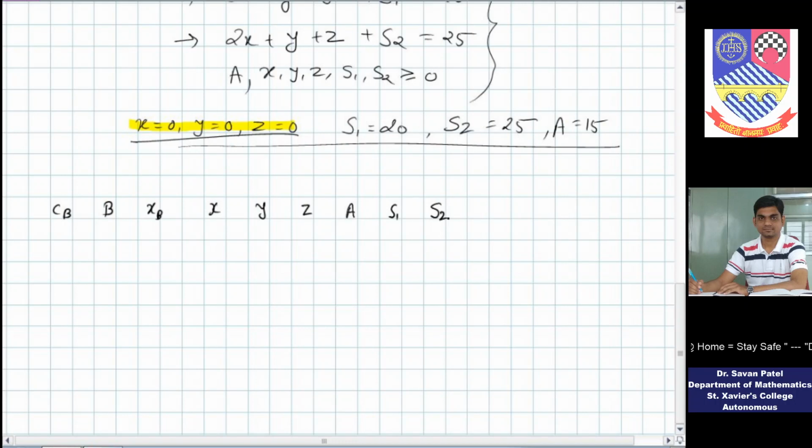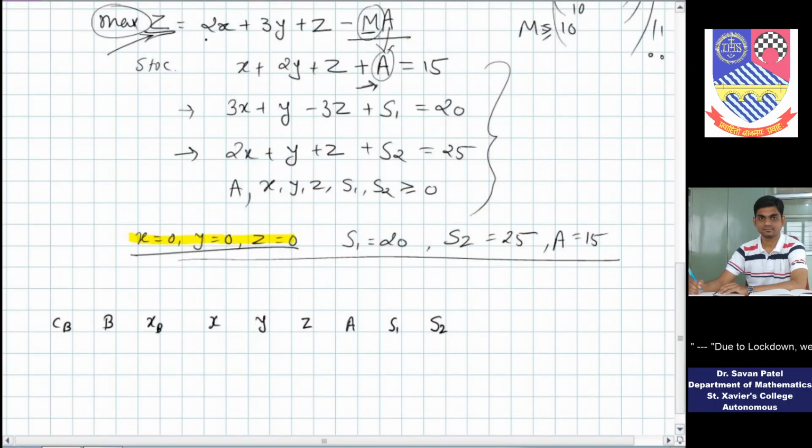Coefficient of x in the objective function is 2, so here the value is 2. Coefficient of y in the objective function is 3, so 3. Coefficient of z in the objective function is 1, so 1. Coefficient of a in the objective function is minus m, so here it is minus m, and the coefficients of s1 and s2 are 0 as in the previous simplex cases.